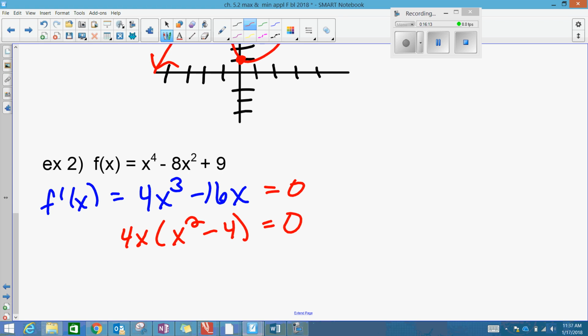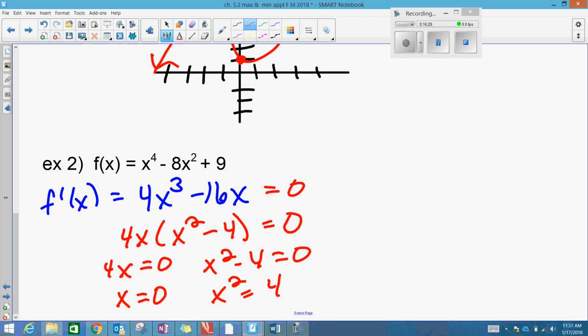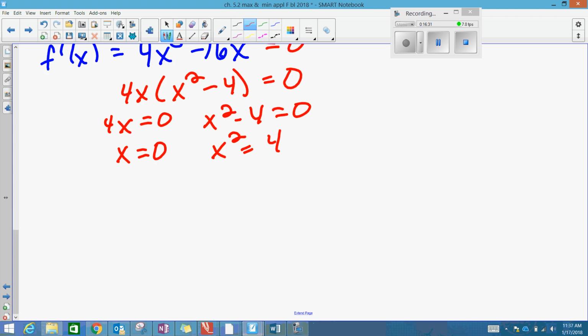Does that make sense? Yeah. So now we set each of these equal to 0. 4x equals 0 gives us a critical value of 0. x squared minus 4 equals 0. Again, you can think about this as x squared equals 4, so x equals the square root, which is plus or minus 2.